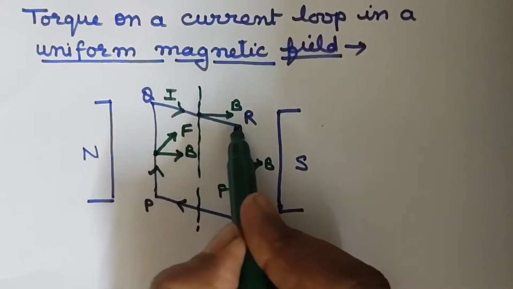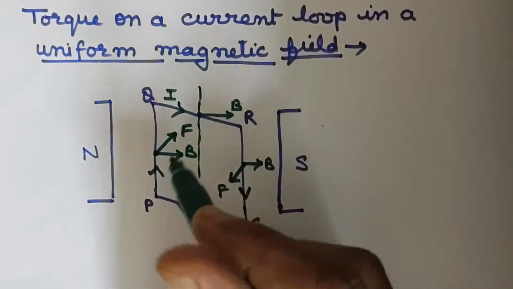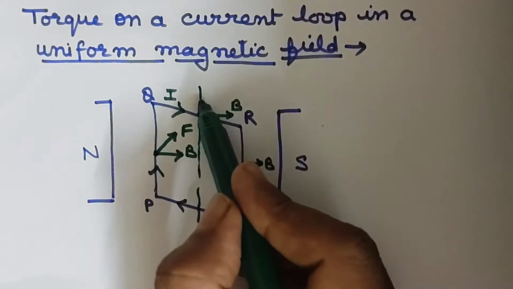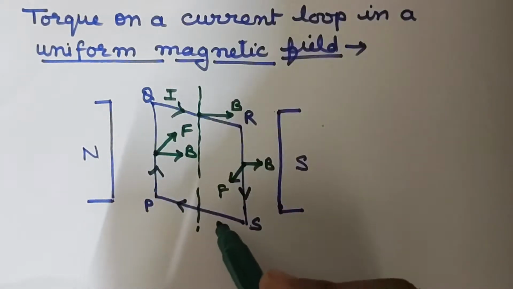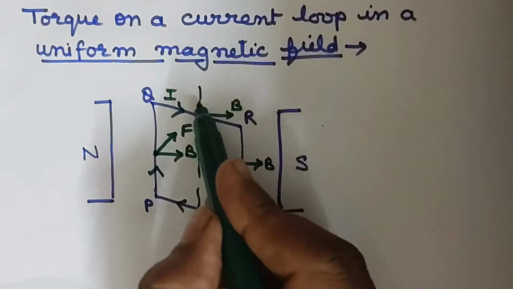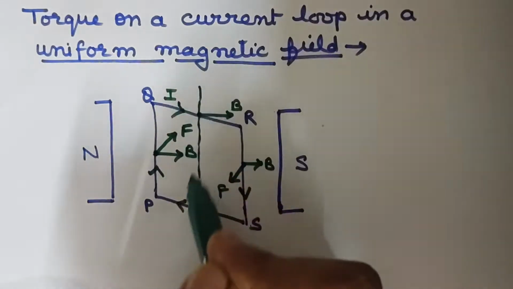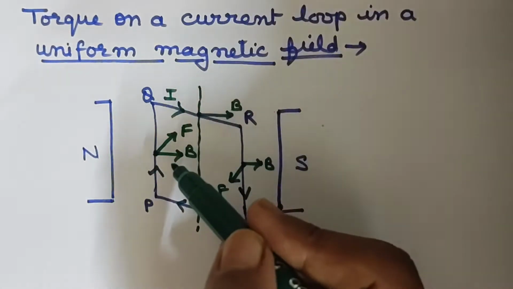Now the force on this arm and this arm, QR and PS, will be equal and opposite and along the same line, so they will cancel out each other.